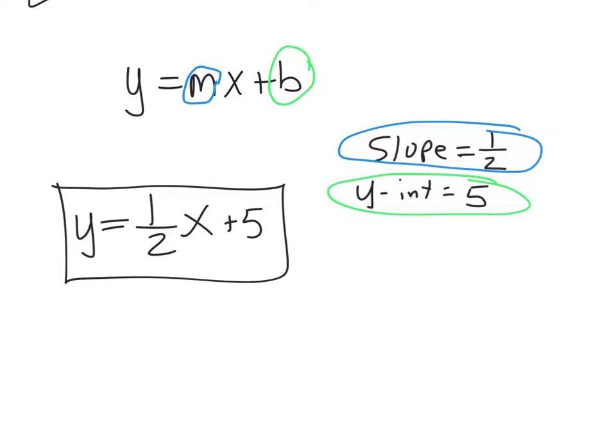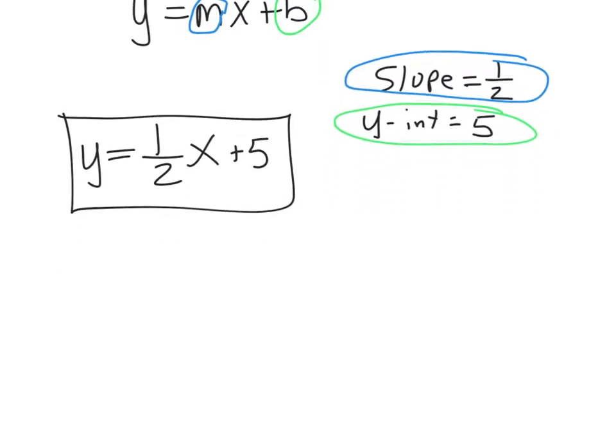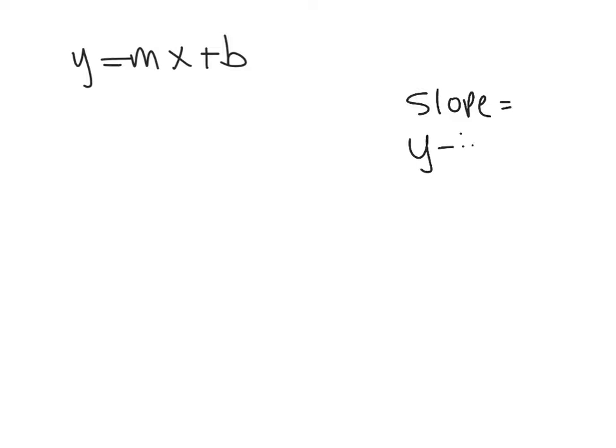But what if you didn't know either the slope or the y-intercept? So for example, what if you had one that you were going to write as y equals mx plus b, and we know that we always need to know the slope and the y-intercept.